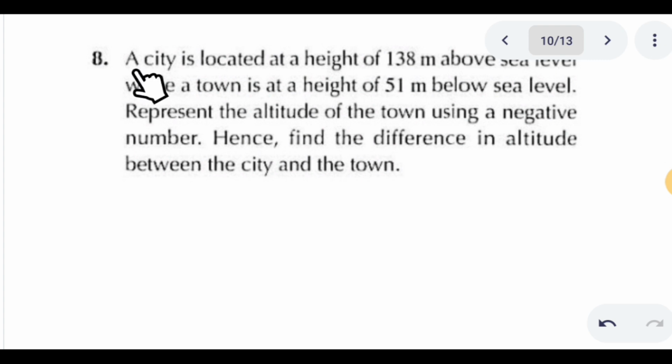In question number 8, a city is located at a height of 138 meters above the sea level, while a town is at a height of 51 meters below the sea level. Represent the altitude of the town using a negative number. So first, because it is below the sea level, we can write the altitude as minus 51 meters. Why is it minus?